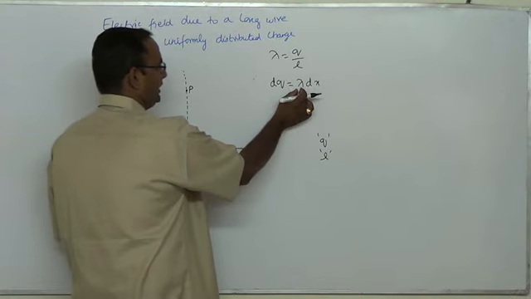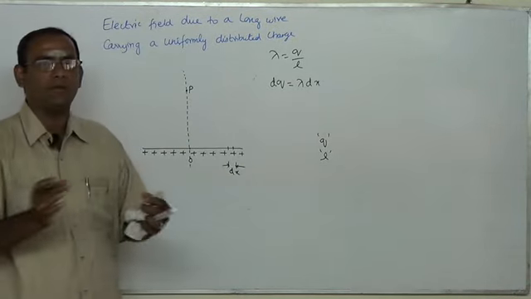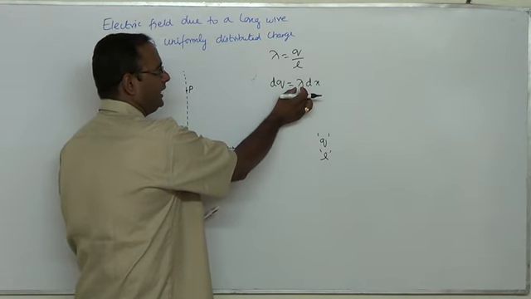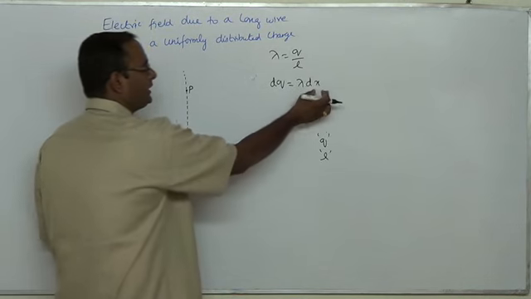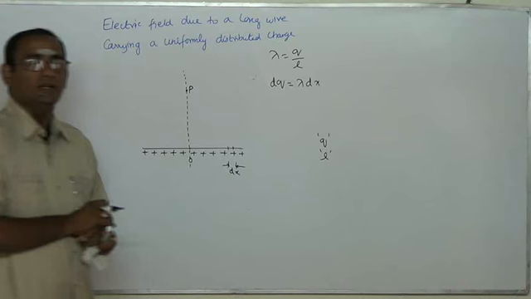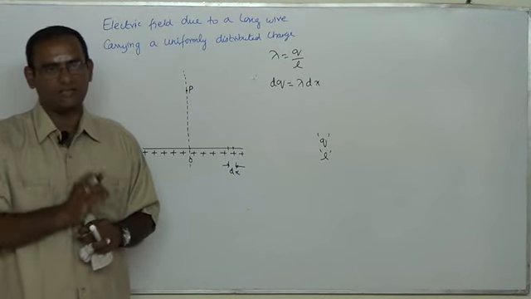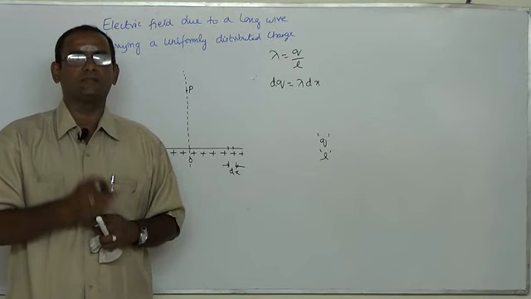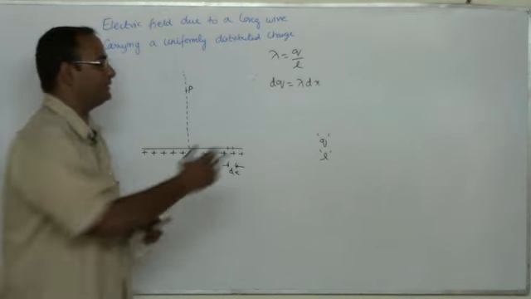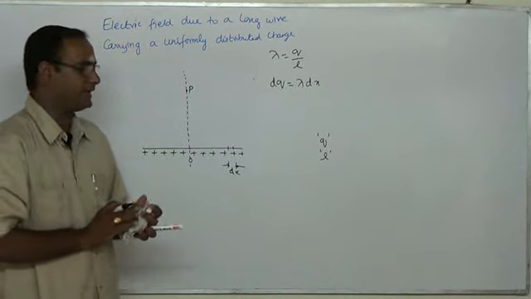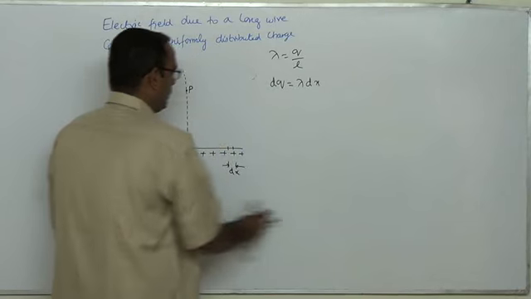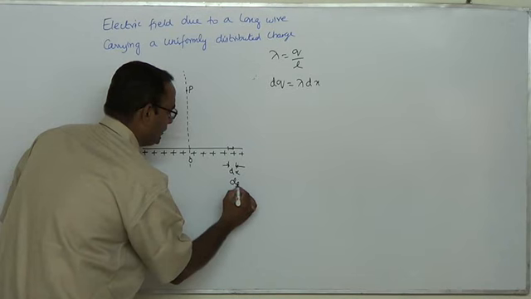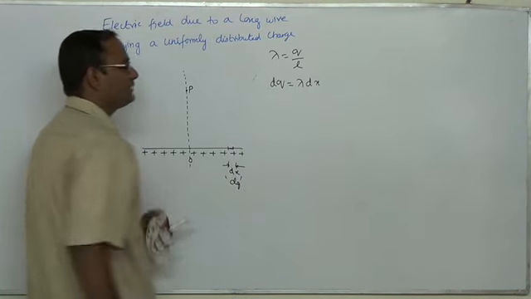Like, if one brinjal costs lambda, then for dx brinjals just multiply by dx. Similarly, a unit price is lambda, so the total price is the quantity multiplied by the unit price. Lambda is the charge per centimeter, so for dx centimeter it is dx into lambda. That is what I have given as lambda times dx. Therefore, the charge across this length is dq, which is given by lambda times dx.